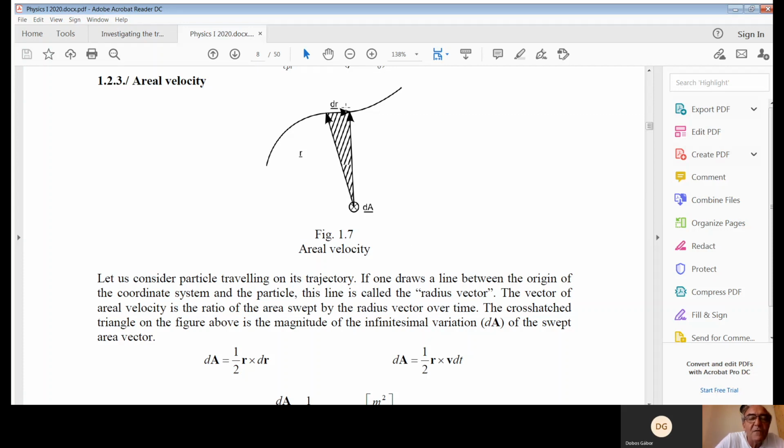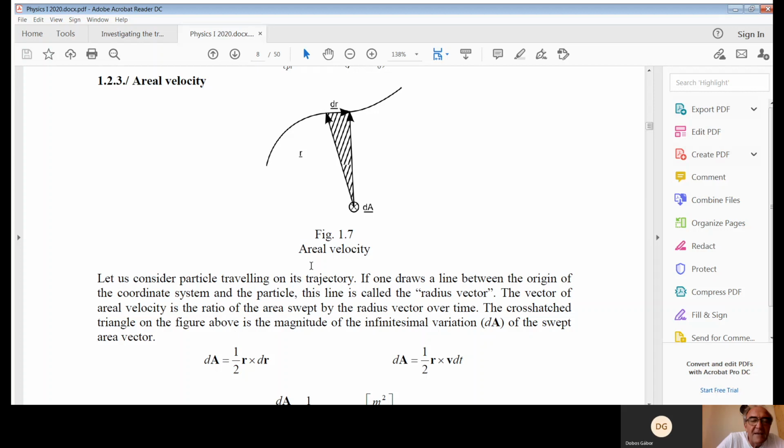So in other words, how fast this swept area changes. The crosshatched triangle of the figure above is the magnitude of the infinitesimal variation dA. It's a very, very narrow little triangle-like object, the triangle of the swept area vector.